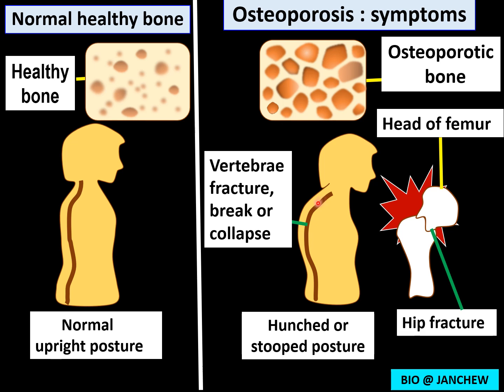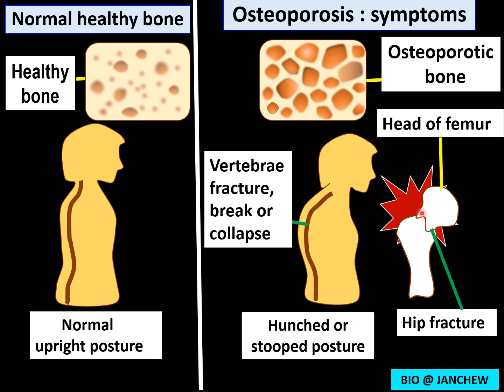Then there's loss of height also for this person. The height will become lower than in the younger days. Now another symptom is that when the person falls, the person will easily break or fracture a bone. Sometimes if the bones are very weak, the fracture can just occur very easily.